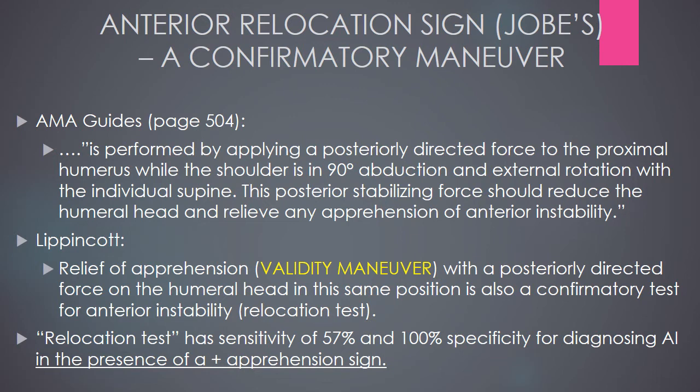So these two tests, when combined, are extremely accurate for identifying anterior instability. What this means is that when you have an examinee who has positive findings on the apprehension maneuver, and those findings are relieved with the relocation maneuver, that's 100% specific for anterior instability. And so it's extremely accurate.